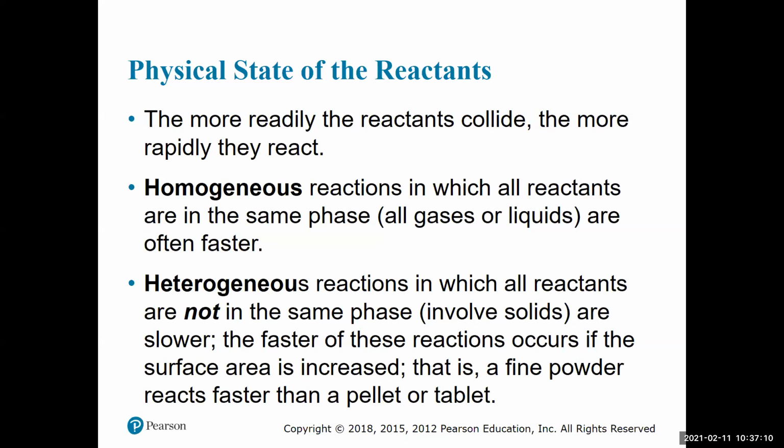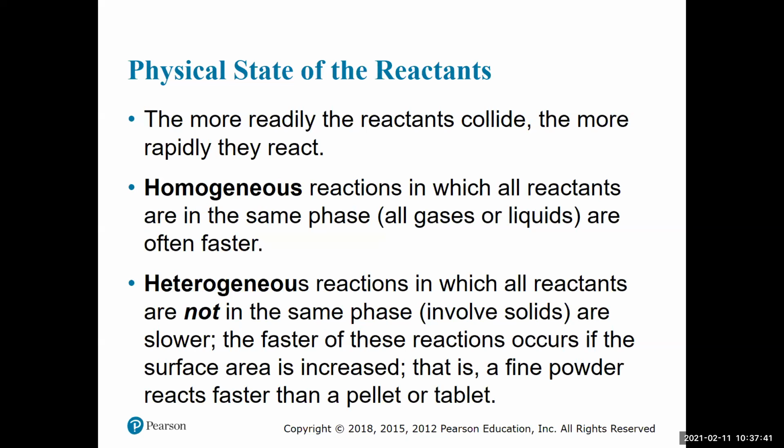With respect to the physical state, we usually think of reactions as being homogeneous or heterogeneous. In homogeneous reactions, all the reactants are in the same phase. In other words, either everything is a gas or everything is a liquid. In general, when things are in the same phase, those reactions are a little faster than heterogeneous reactions.